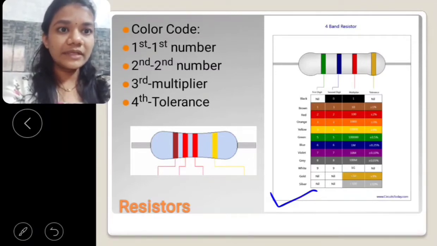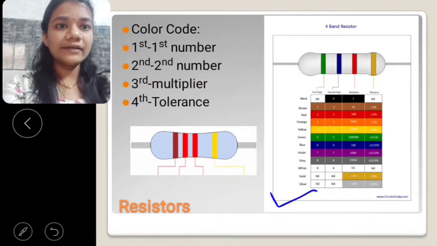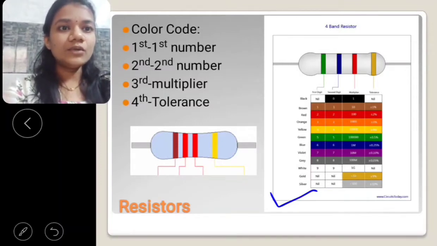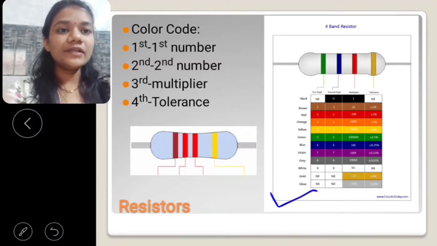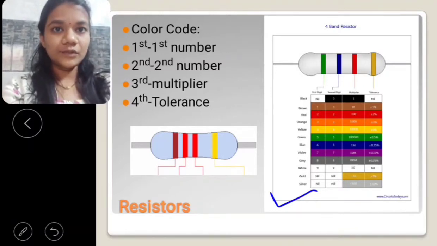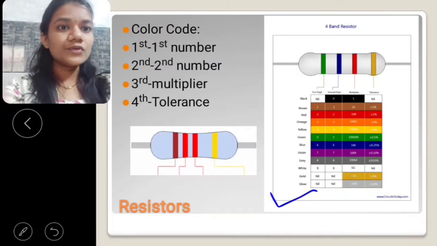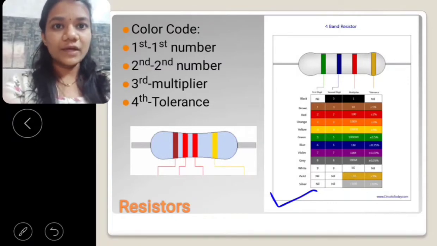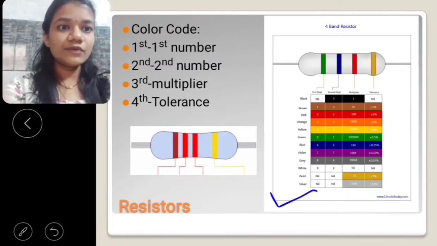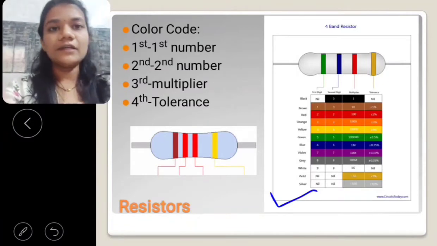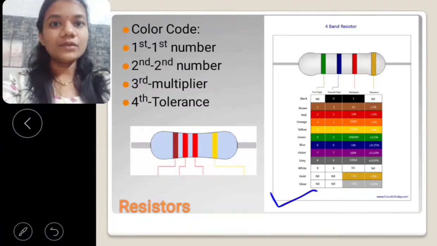Up to 9, the colors are black, brown, red, orange, yellow, green, blue, violet, gray, and white. The remaining two, gold and silver, are the tolerance colors. Gold is plus minus 5% and silver is plus minus 10%.